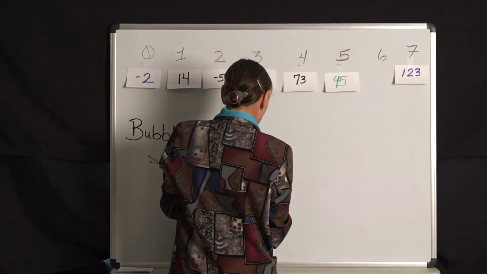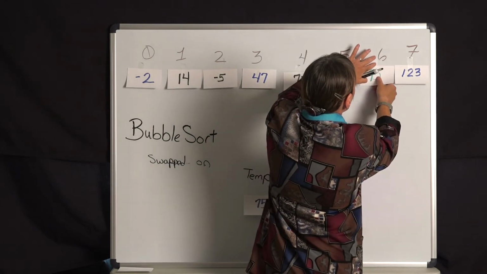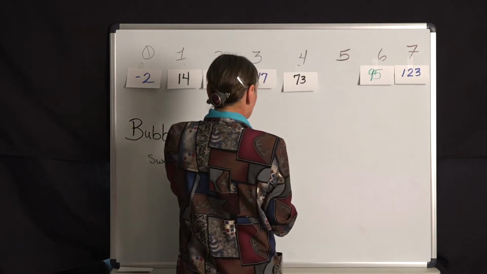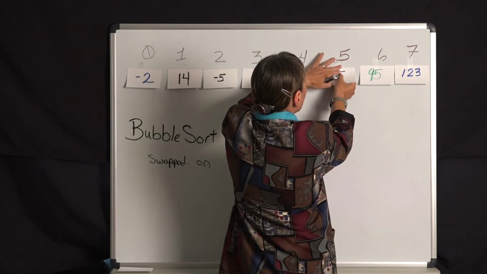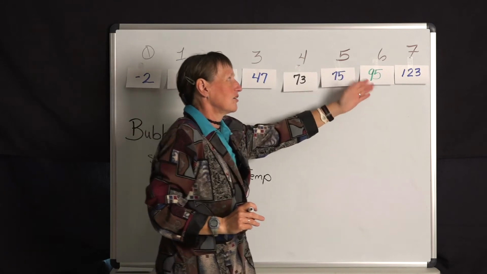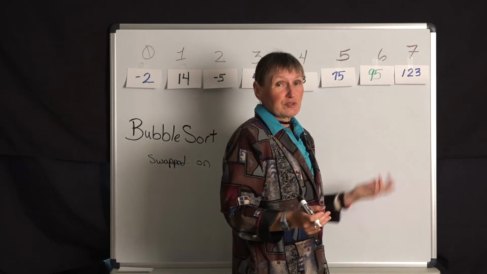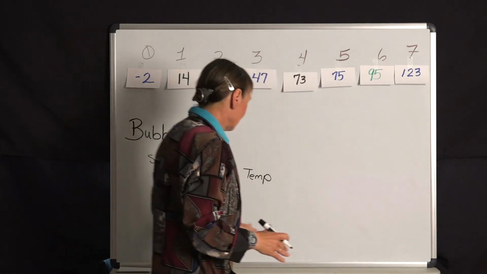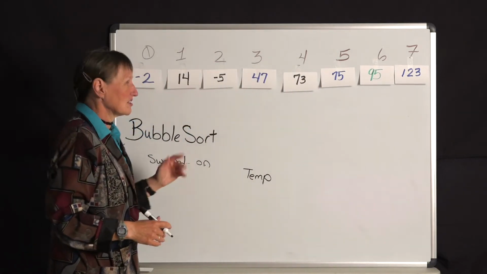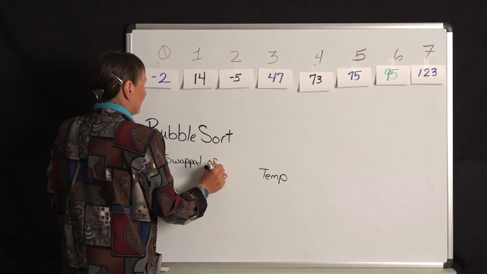Okay, 75 comes down, 95 moves up, 75 moves here. And now we do 95, 123. Those two are looking good, but do we need to do the next round? Well, is swapped on? The answer is yes. So I now turn swapped off.